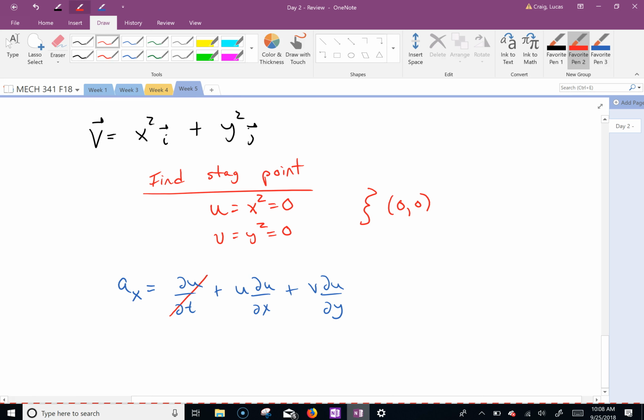And? Yep. Because du dy, there is no y in u. Okay, there is no y here, because u is x squared. So all we have is x squared times what's the partial of u with respect to x? So 2x cubed.